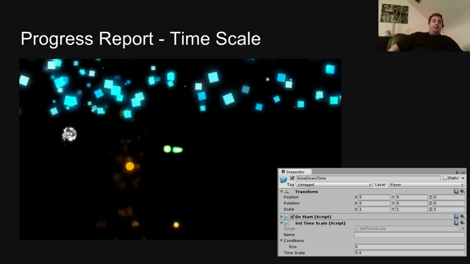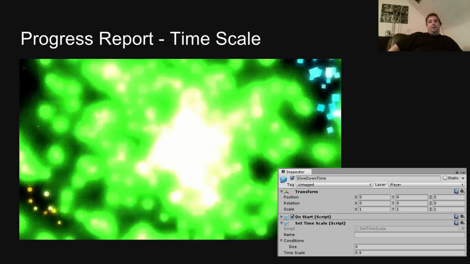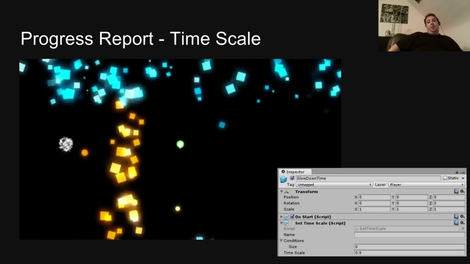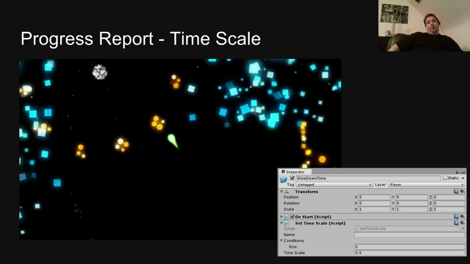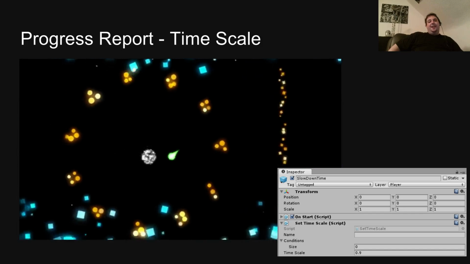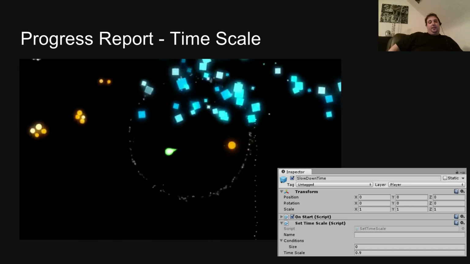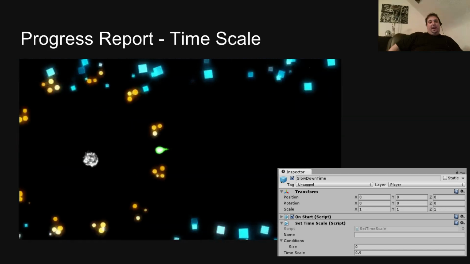For my game, I will give the easier characters a little bit lower time scale, which will make them a little bit easier to control because you don't have to react as fast. It's not as great of a benefit as you think, because the reaction is also a little bit slower.